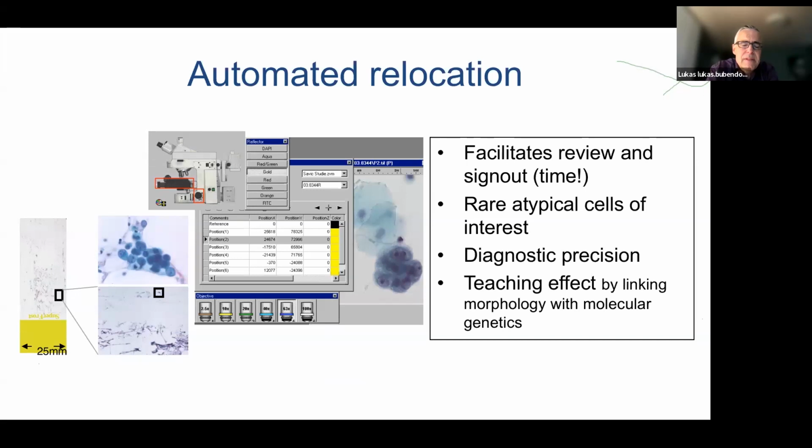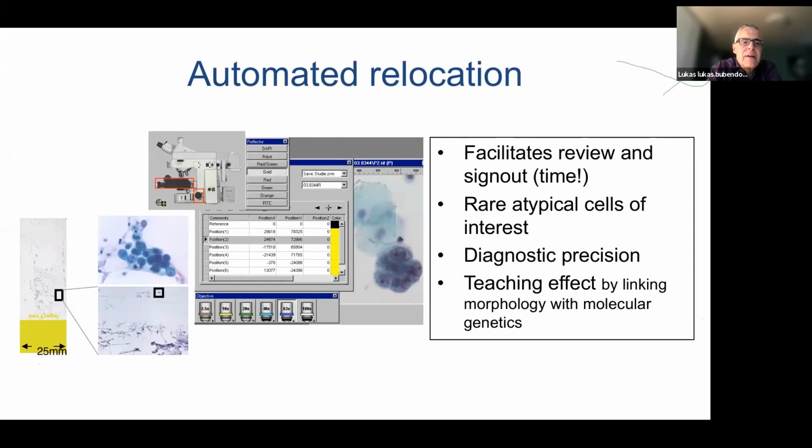Another important aspect of FISH testing in urinary cytology is that you want to look at specific cells or cell groups of interest and not just take a specimen and go randomly over it and look for cells.